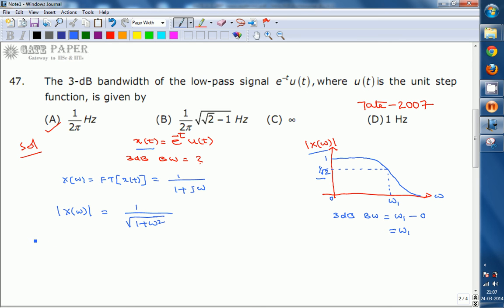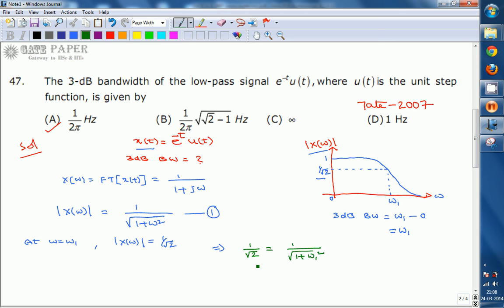Now we need omega 1, so at omega equals omega 1, mod x of omega equals 1 by root 2. Substituting in this equation 1 at omega equals omega 1, we get 1 by root 2 equals 1 by square root of 1 plus omega 1 square.